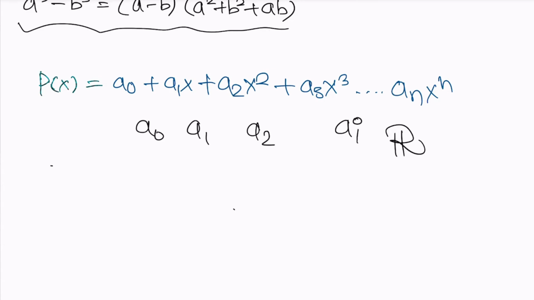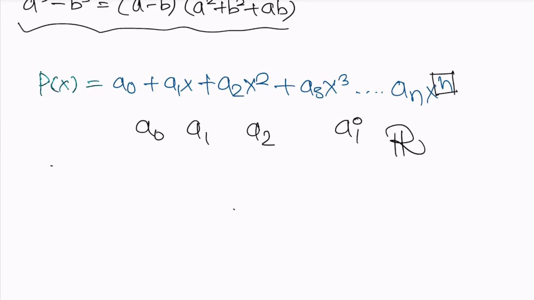Now, we can talk about degree of a polynomial, and as we can see, degree is the highest power of x available in this equation. So this is just n in this case. So I can just give you a simple question wherein you have to find out the degree of a polynomial, and I'll just write it down.